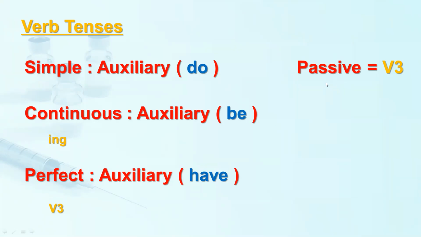So briefly, just to recap, simple equals verb to do, continuous equals verb to be plus ing, perfect tenses equal verb to have plus V3, and passive form equals V3.